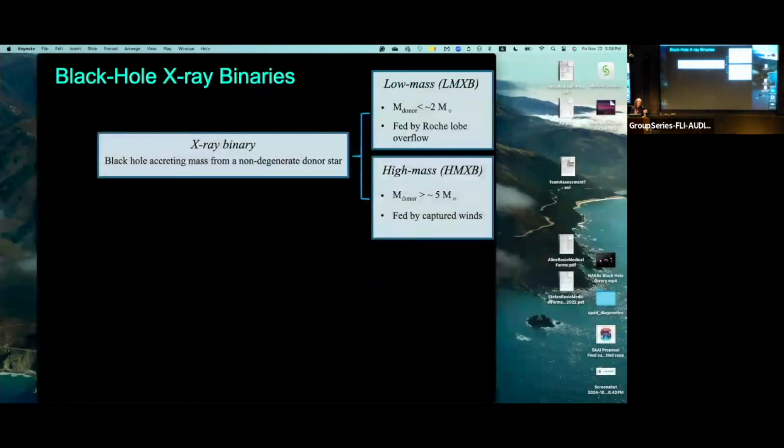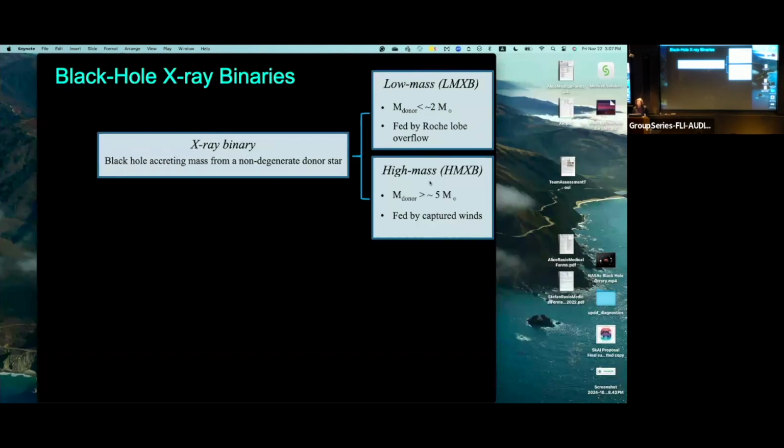All right, so just to remind you, there are 2 types of X-ray binaries: low mass X-ray binaries and high mass X-ray binaries. This refers to the companion of the compact object. In this case, we're focusing on black hole X-ray binaries. Typically, heuristically, and historically, low mass X-ray binaries are those that have donors less than 2 solar masses, roughly, and they are fed through Roche lobe overflow.